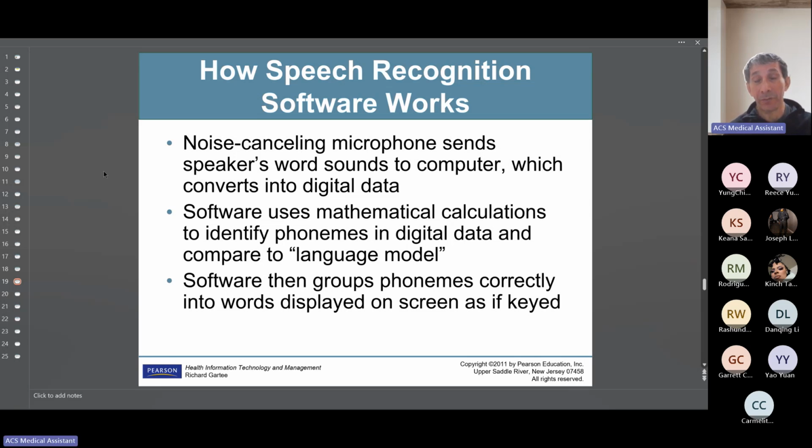Think about your phone right now when you use the microphone. That's speech recognition software. So when you're talking, if you don't pronounce correctly, or if you speak too fast, it's going to type something else. So that's exactly how this speech recognition software works.